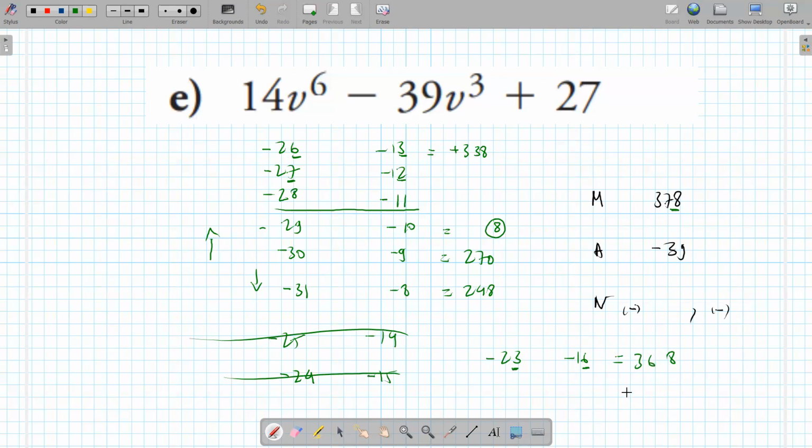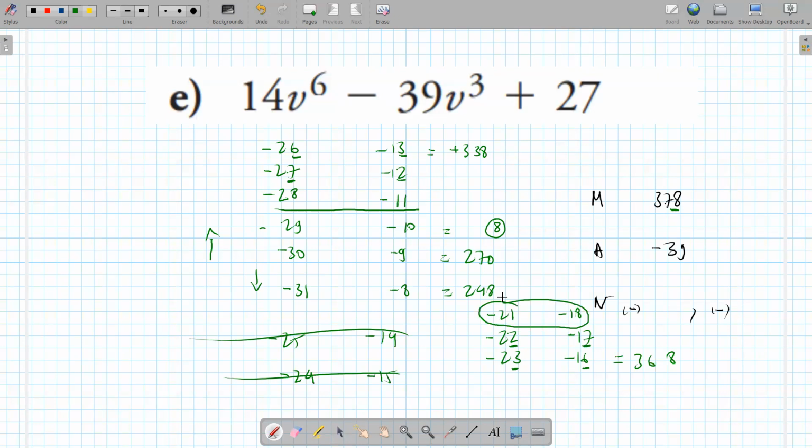That's 368. 27 times 14 is 378, so that ain't it. So negative 22. What's the other number here? Negative 17. So that doesn't multiply to an 8, so that's out. Negative 21 and negative 18. Let's check for this one. And that's the one. This is our guy.